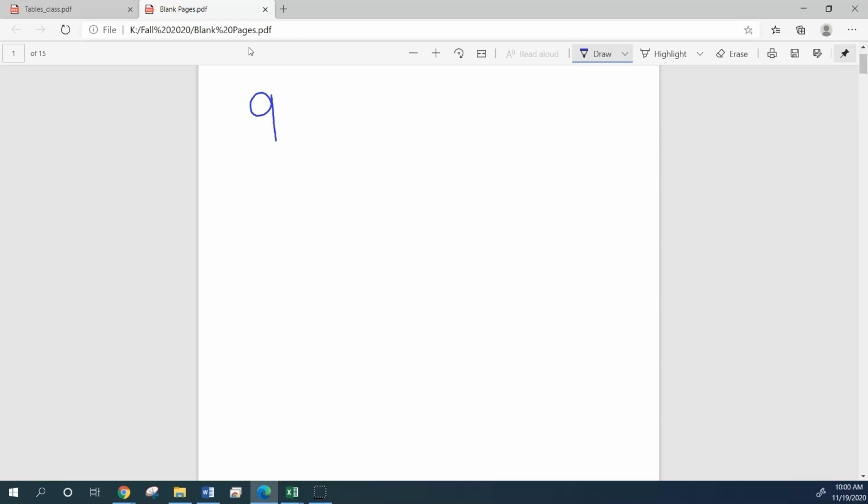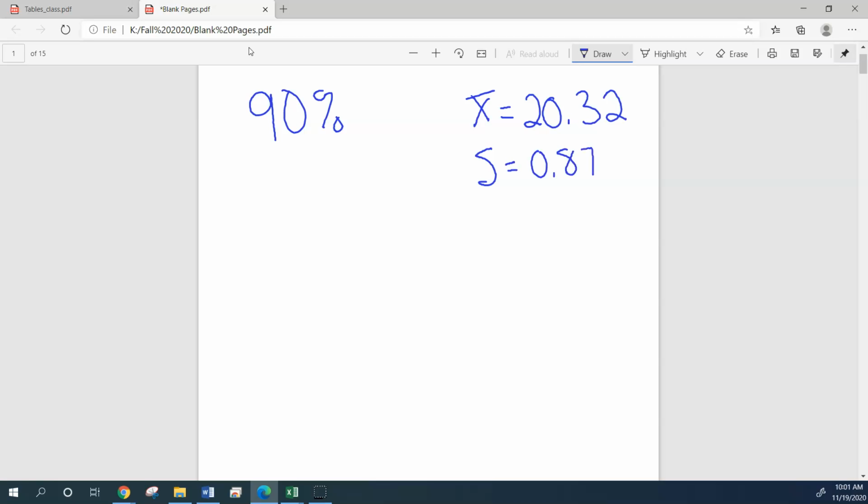And so when we're looking for a 90% confidence interval, we had a sample mean that was 20.32 if I round to 2 decimal places, and we had a sample standard deviation, s, that was 0.87 if we rounded to 2 decimal places.